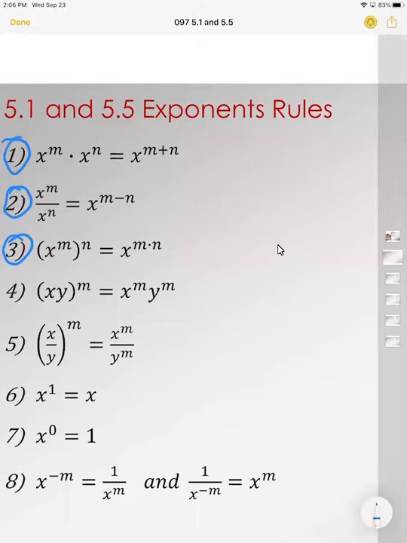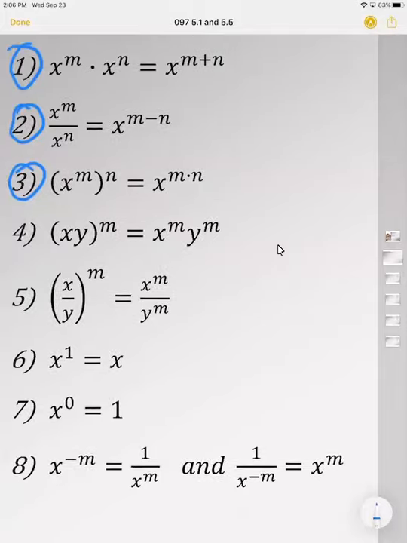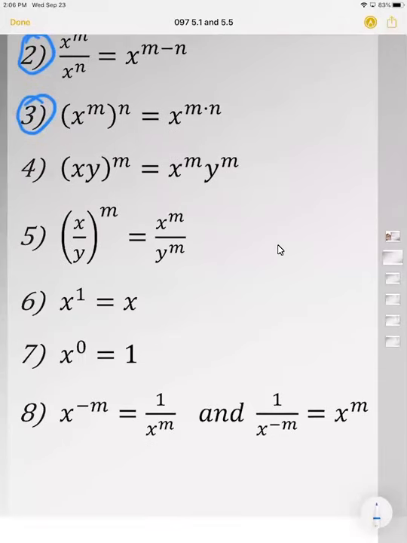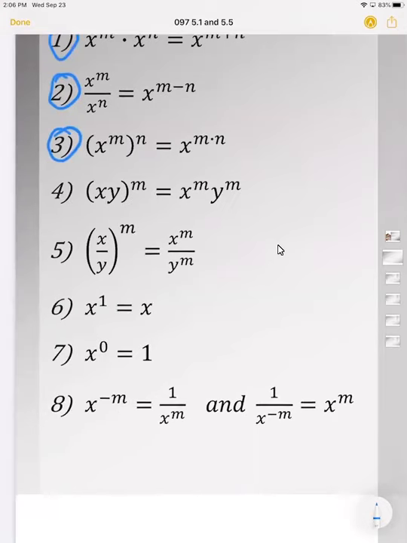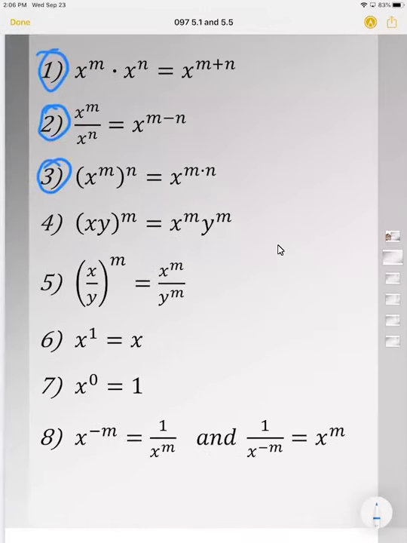And when we mention number 4 and number 5, I just mentioned that these are the extensions of 1 and 2. Number 4 is just the addition of number 3 with number 1. So if you multiply and the bases are not the same, as you can see, x and y are not the same, all we're doing is distributing our exponent in.